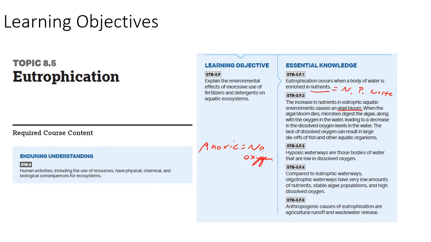And then compared to eutrophic waterways, oligotrophic waterways have very low amounts of nutrients, stable algal populations, and high dissolved oxygen. We're not even going to talk about those now, but we will talk about that learning objective later when we talk about succession. So that's the only one that we did not talk about. And then anthropogenic causes of eutrophication are agricultural runoff and wastewater release.